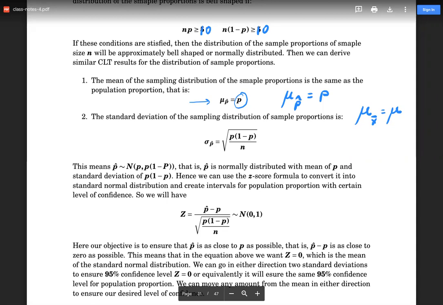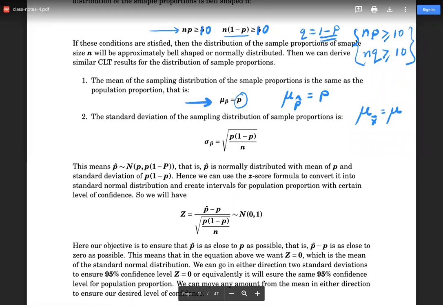So change that number. np is greater than or equal to 10, and n times (1 minus p), which is also known as q sometimes, where q is 1 minus p, is greater than or equal to 10. If these two conditions are satisfied, then this will hold true.